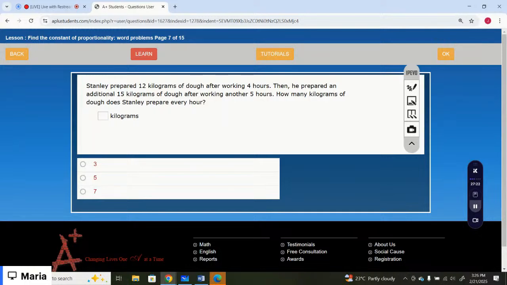How many kilograms of dough does Stanley prepare every hour? Option number one is the correct option, that is 3 kilograms.